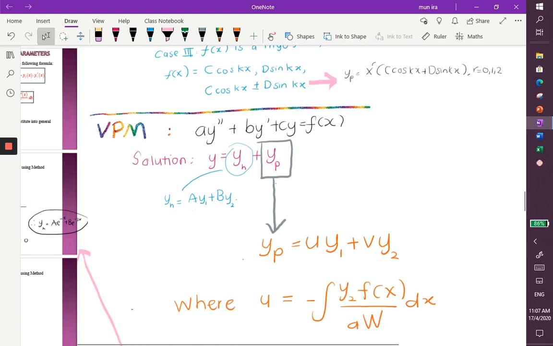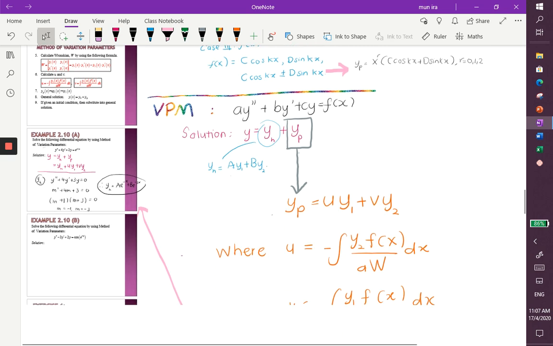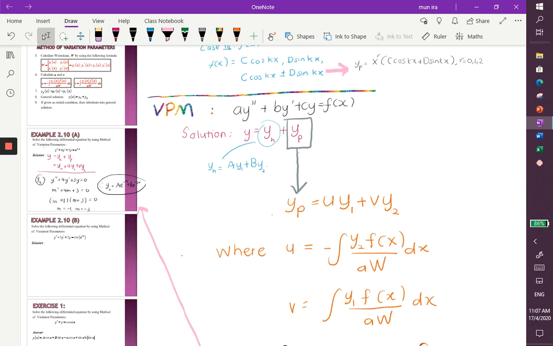So today we are going to discuss VPM. For VPM, you must still have a constant coefficient second order equation with f(x) non-zero. yH + yP is your solution, where yH is the homogeneous solution, A y1 + B y2, as before. But the new thing here is yP.